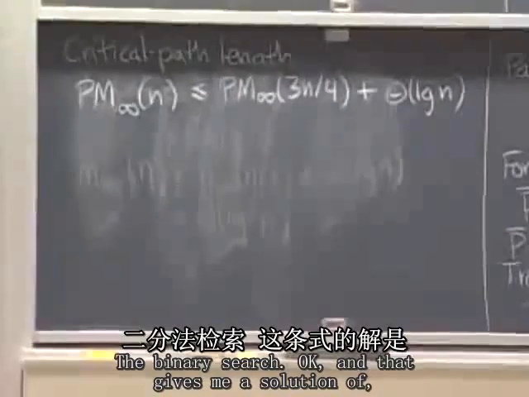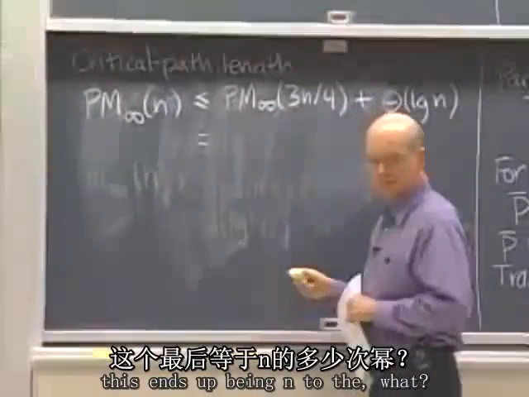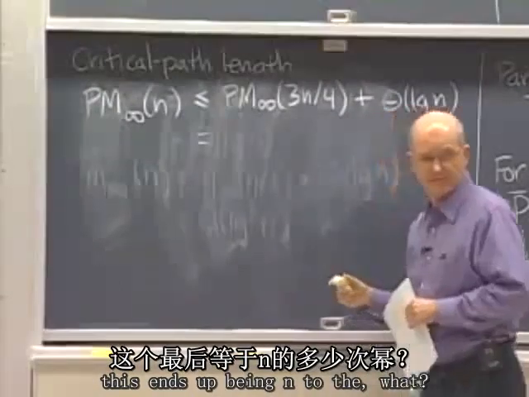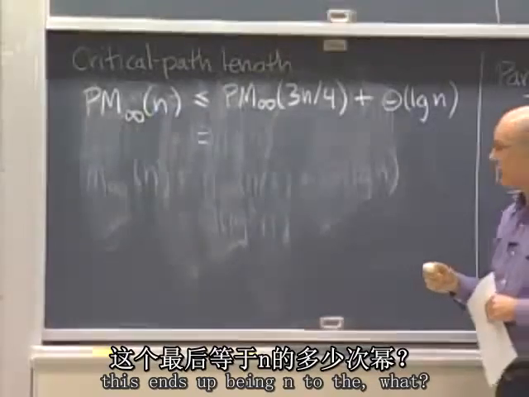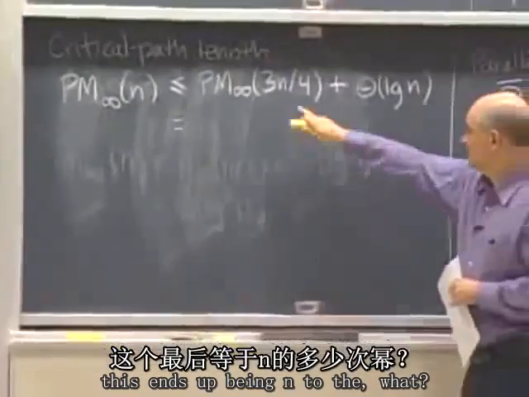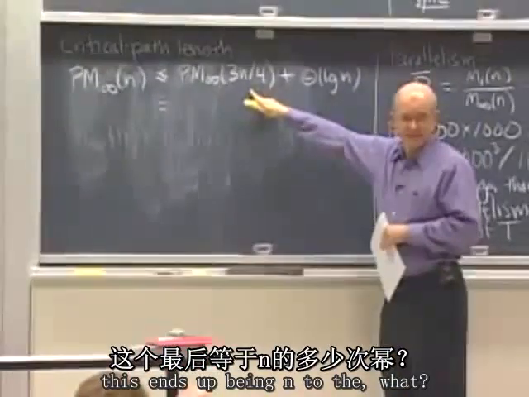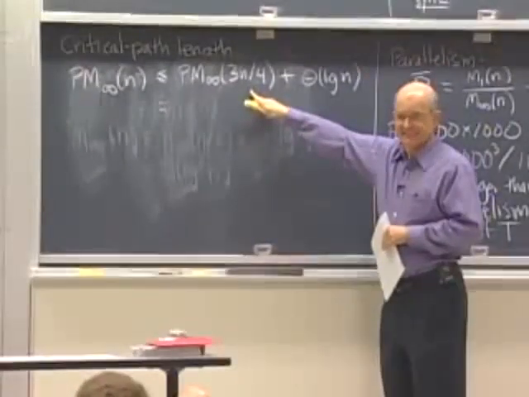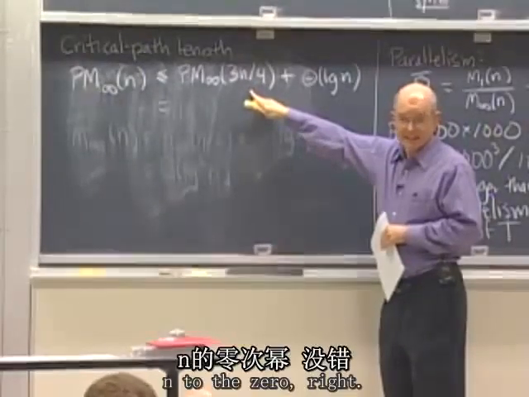Okay. And that gives me a solution of, this ends up being n to the what? That's n to the 0, right?